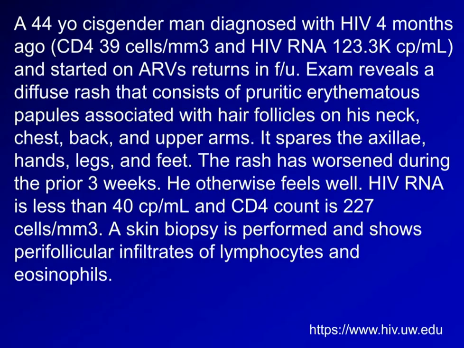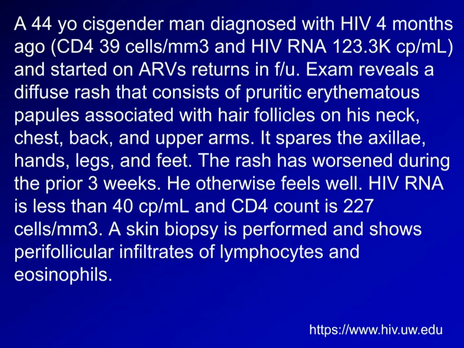All right. A 44-year-old cisgender man diagnosed with HIV 4 months ago. Initial CD4 39, viral load 123K. Started on antiretroviral therapy and returns for follow-up. Exam reveals a diffuse rash of pruritic erythematous papules associated with hair follicles on his neck, chest, back, and upper arms, sparing the axilla, hands, and feet. The rash has worsened in the past 3 weeks, but otherwise he feels well.